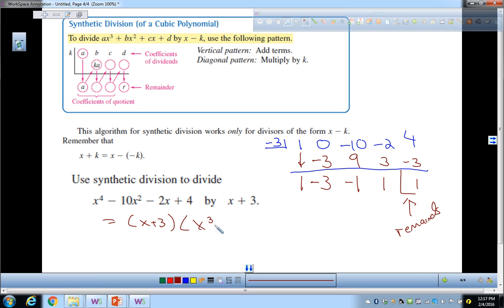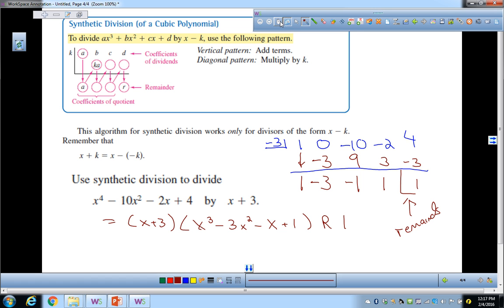So now it's x cubed minus 3x squared minus x plus 1, remainder 1. That's how you would do that. If this was a factor, this number here would be 0, but in this case we've shown that x plus 3 is not a factor. Which is what we're doing next.